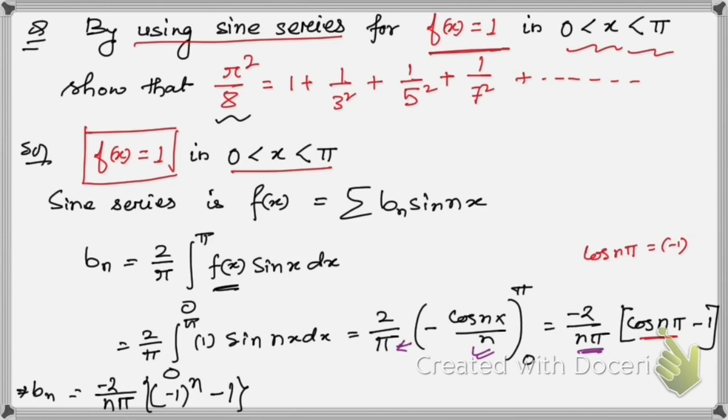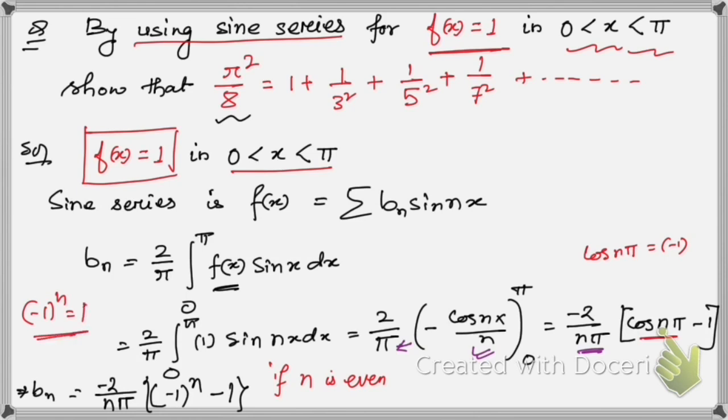So this is going to be equal to, if the value of n is even, then this minus 1 to the power n is going to be 1.